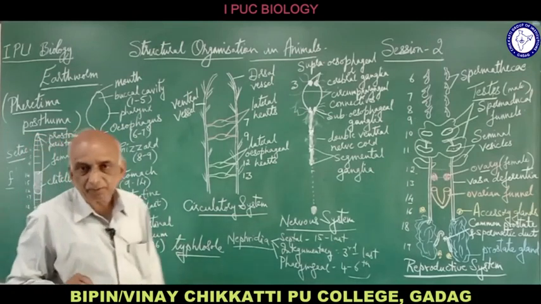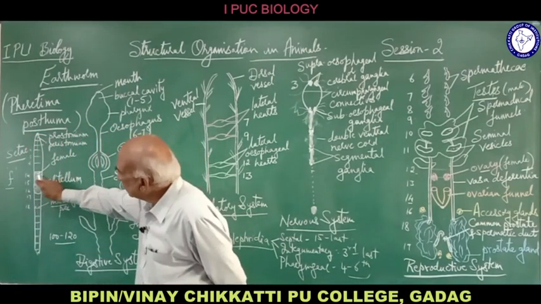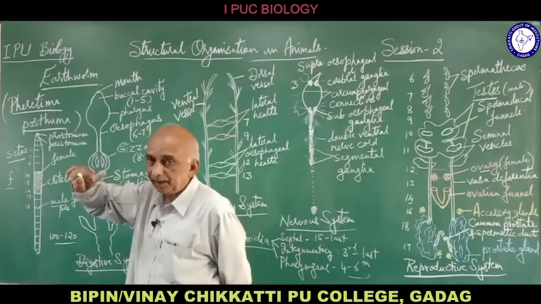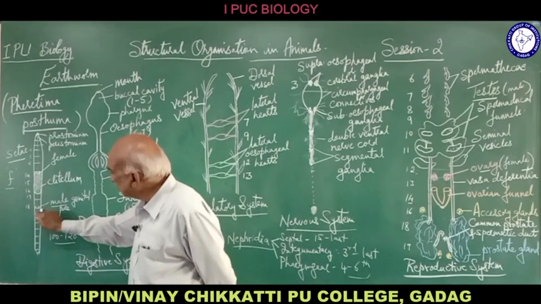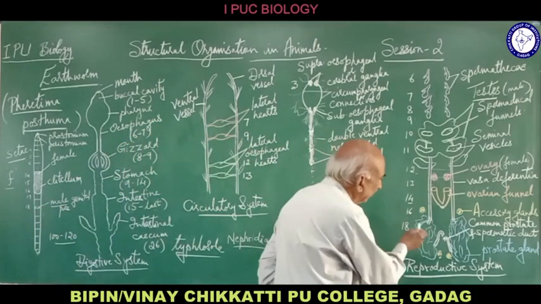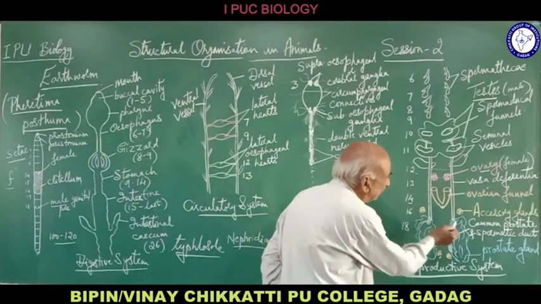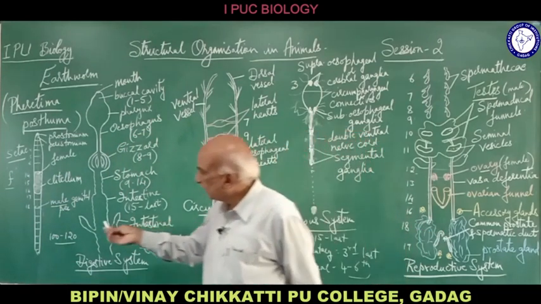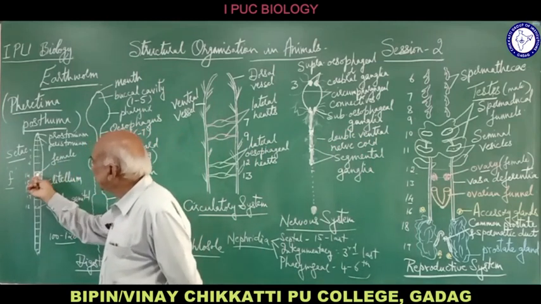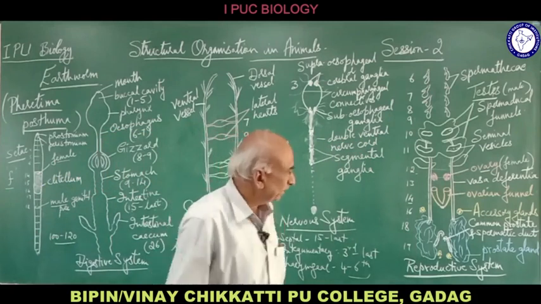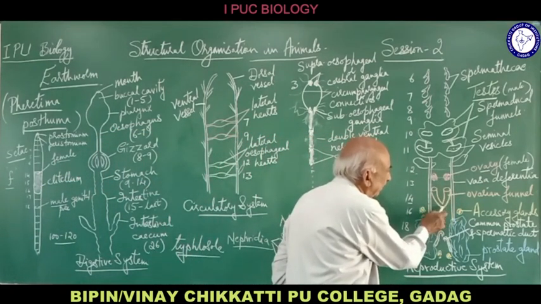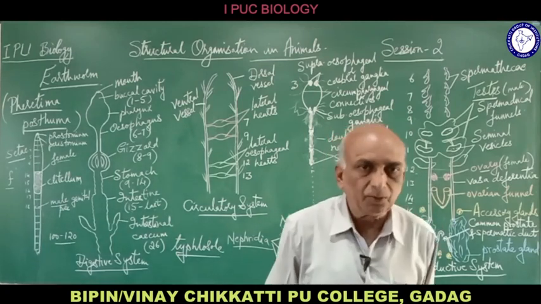In the morphology, if you remember, we mentioned in the 14th segment a single female genital pore, but in the 18th segment there is a pair of male genital pores. The male genital pores are the openings of the two vasa deferentia, whereas the 14th segment female genital opening is from the oviducal funnels. The two oviducal funnels join and open commonly into a single opening.